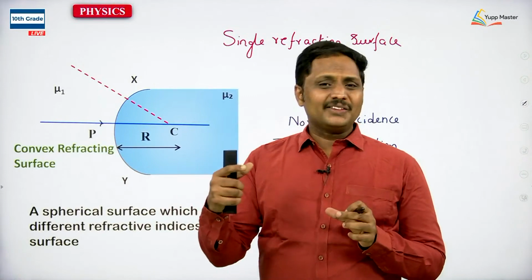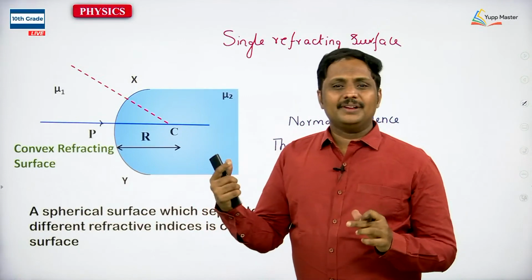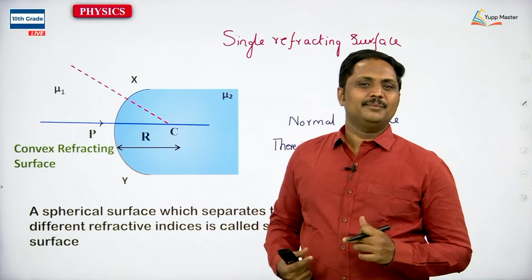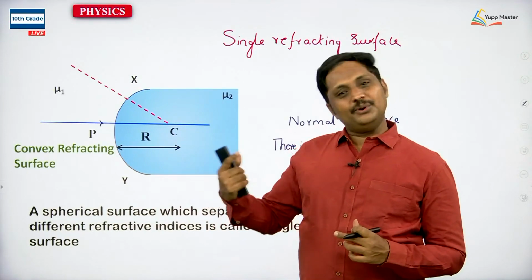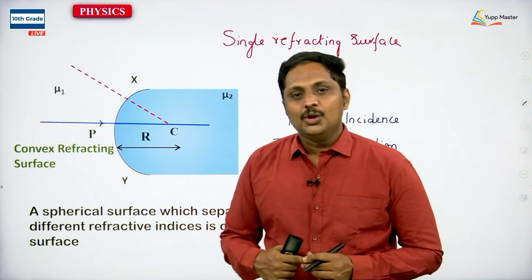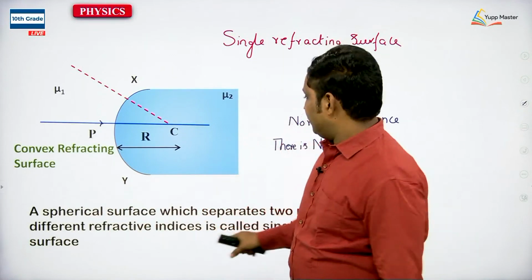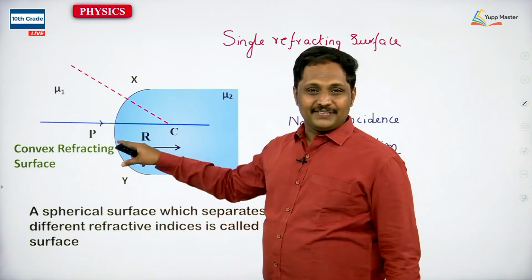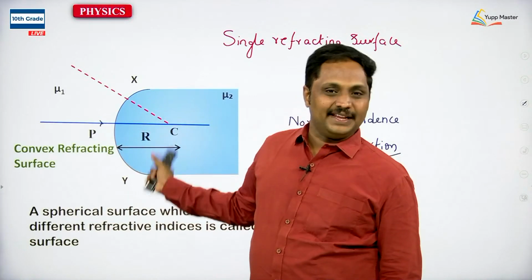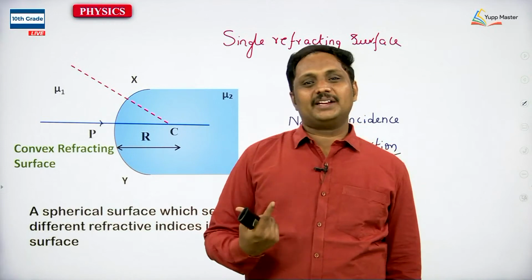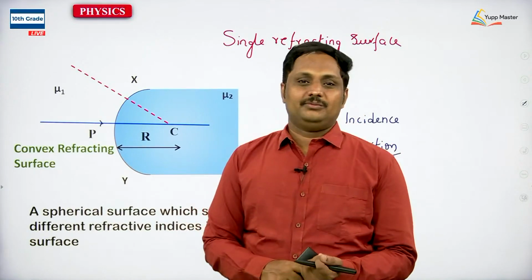So, the refracting surface which separates the rarer and denser medium, the light rays are allowed from rarer to denser, in this case let us assume. The curved refracting surface which separates the media, denser and rarer, is called a single refracting surface, very clear.